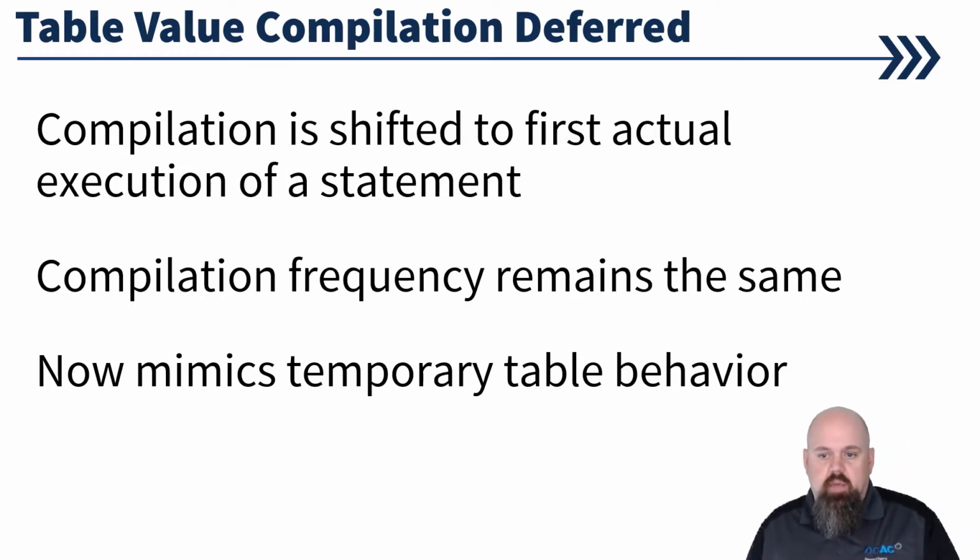It is based off the compatibility level of the Azure SQL database, which, since it's SQL Server 2019, the latest compatibility level is 150. So we need to be at that 150 level when we want to enable this, and then we can turn this on and off with a database scoped configuration change.